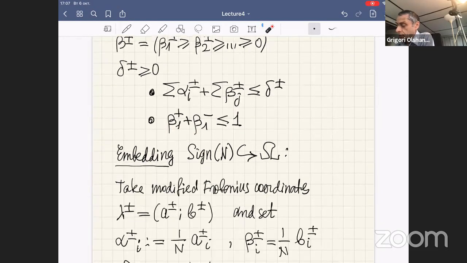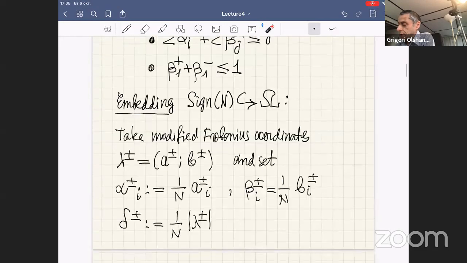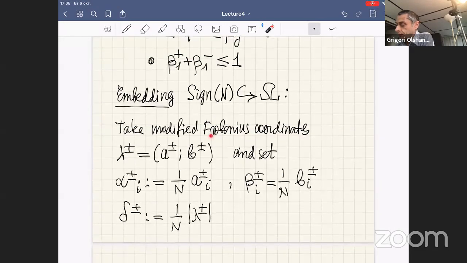Now, for any fixed N, I define an embedding of the discrete set of signatures into this set omega. To do this, I recall the notion of modified Frobenius coordinates. Actually, we can consider even ordinary Frobenius coordinates.